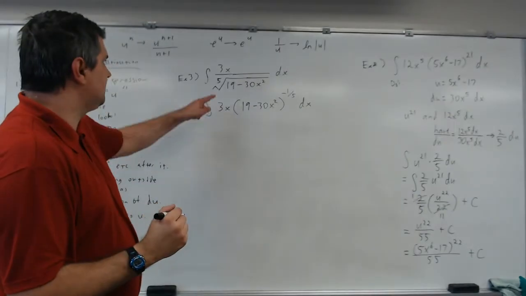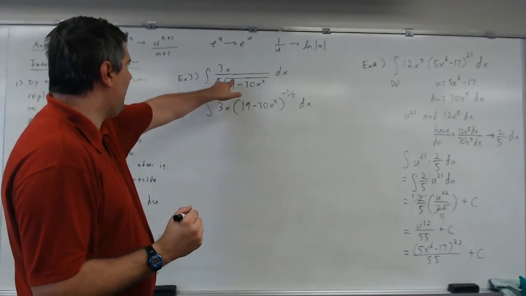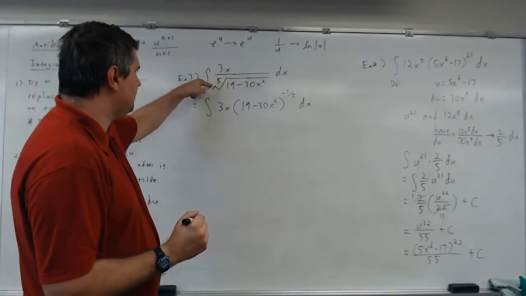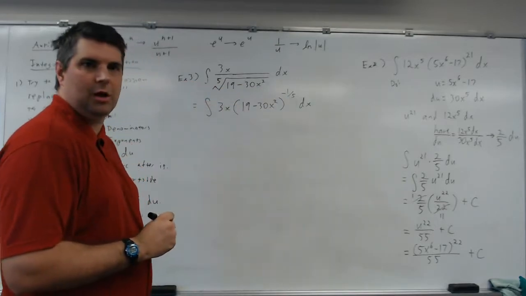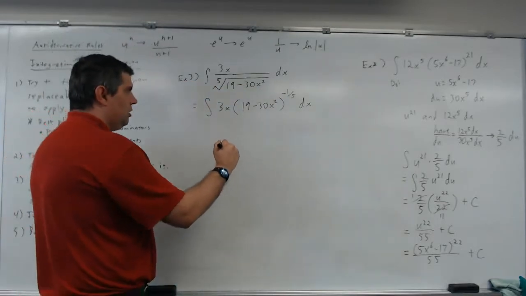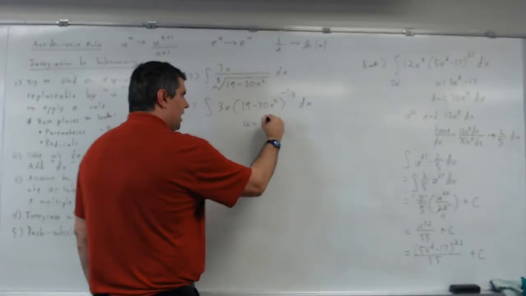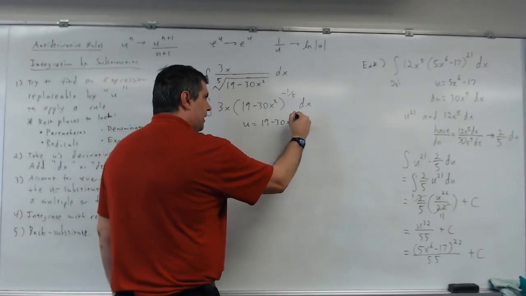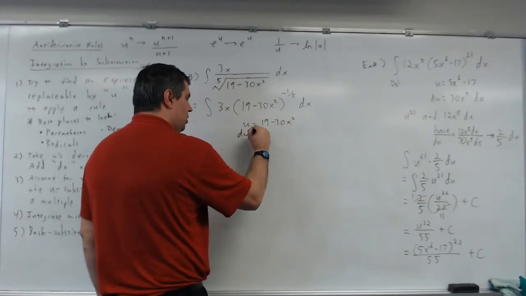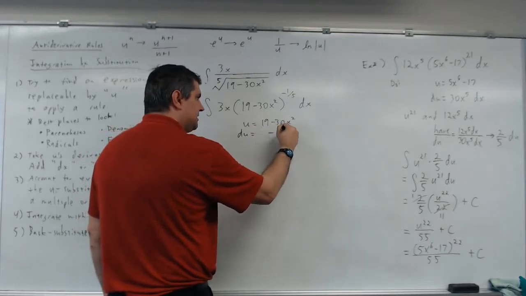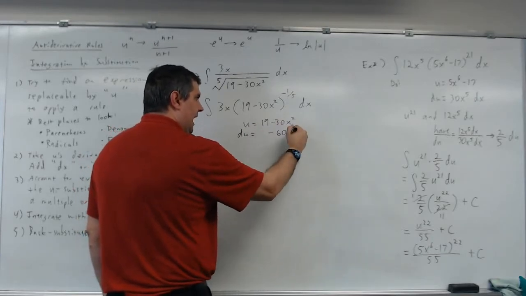Because it's a radical, it's the 1/5 power, but it's in the denominator, so that's negative 1/5. So u will equal 19 minus 30x squared. du will equal negative 60x dx.